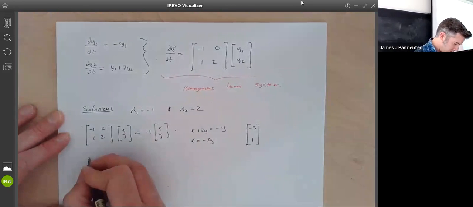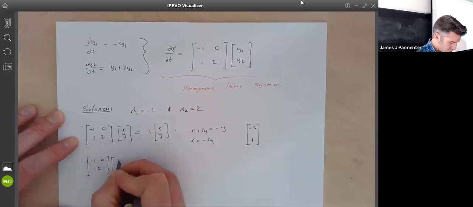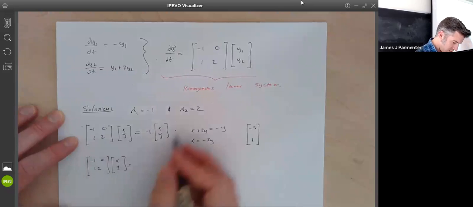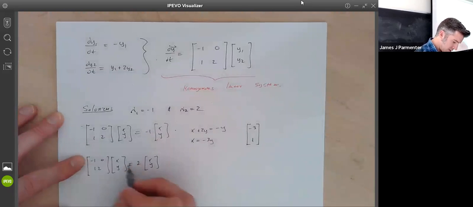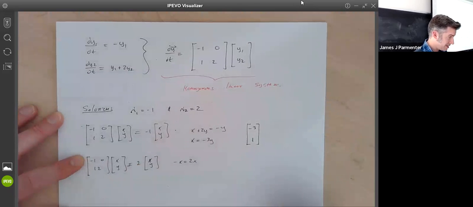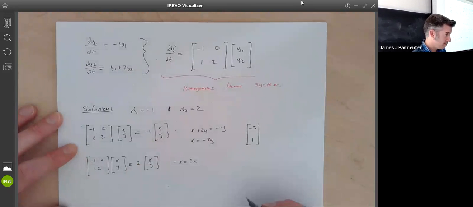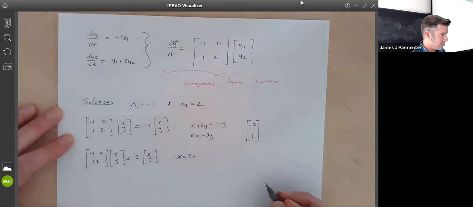And then for the second one, we're going to have [-1, 0; 1, 2] times (x, y) equal to positive 2 times (x, y). And we're going to get negative x equal to 2x, which tells us that x has to be what? It's not 2. If negative x equals 2x, there's only one number.